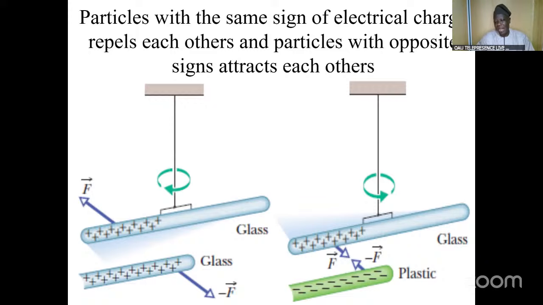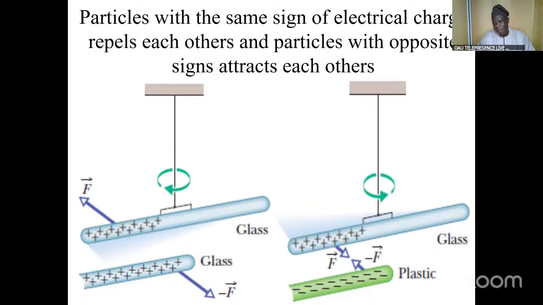So bringing glass in contact with plastic, because these two are charged bodies, they allow charges to move and be embedded in them, either positive or negative. Once they are charge carriers, they either attract or repel.